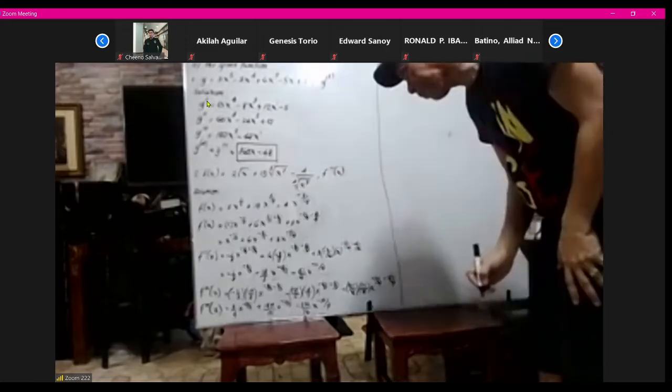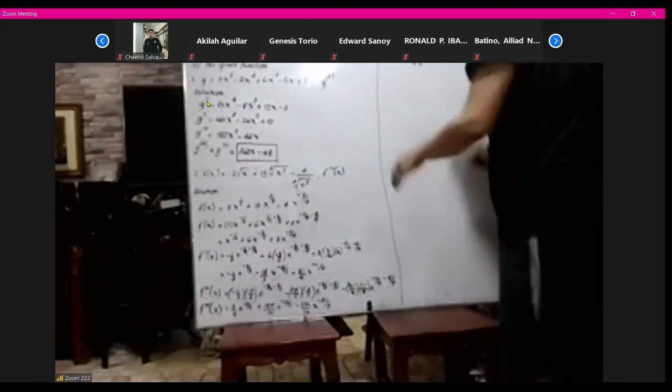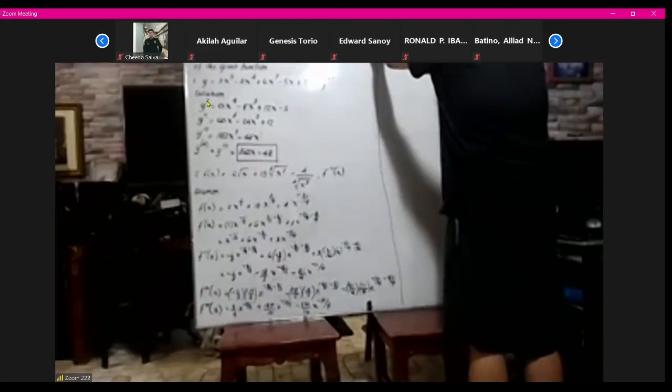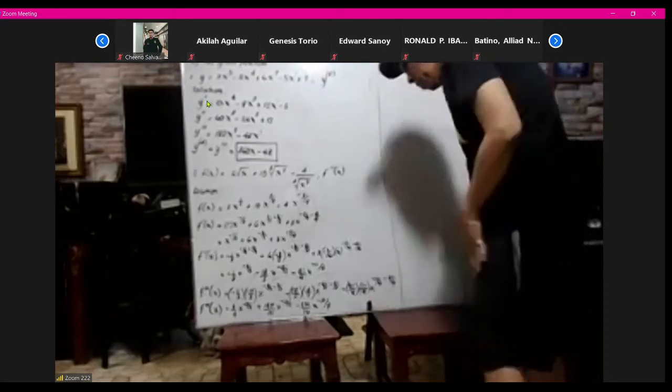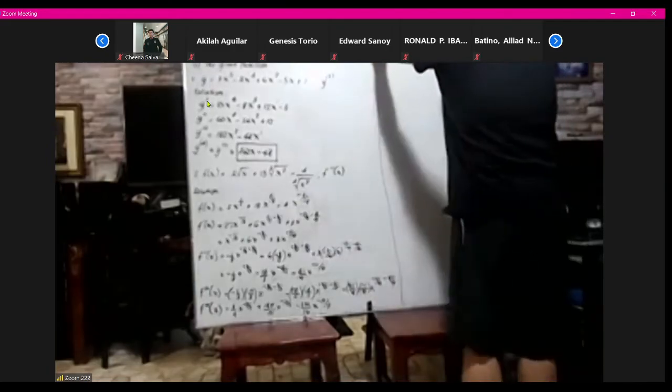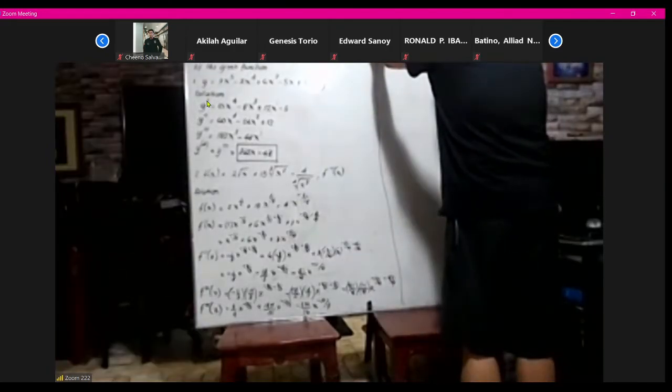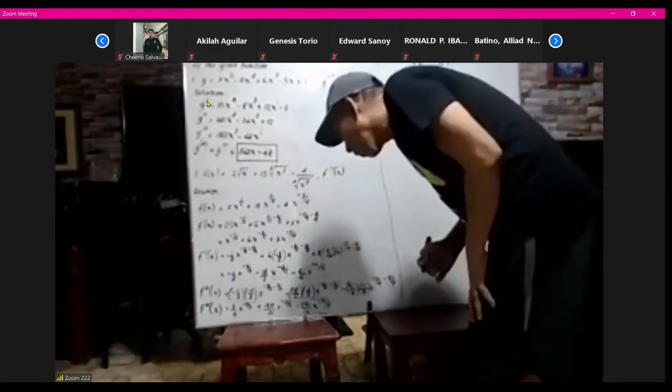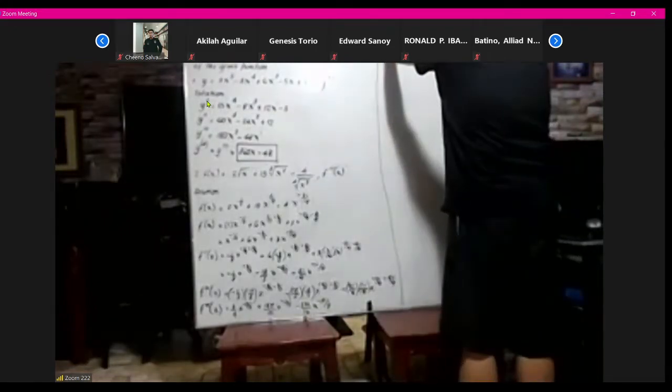Then sumunod, positive 144 all over 25. X raised to 13 over 5. So naging positive na siya.